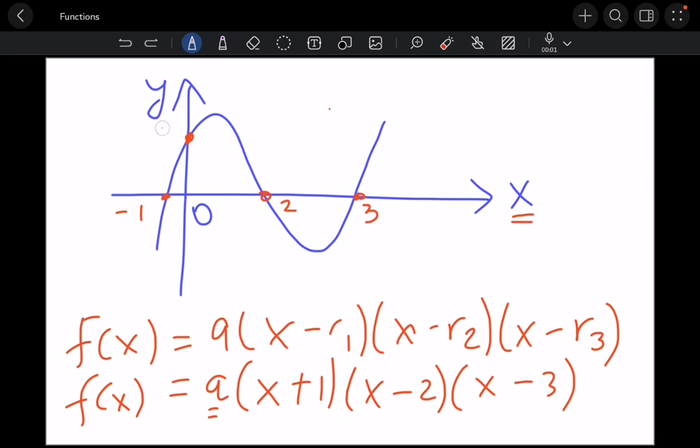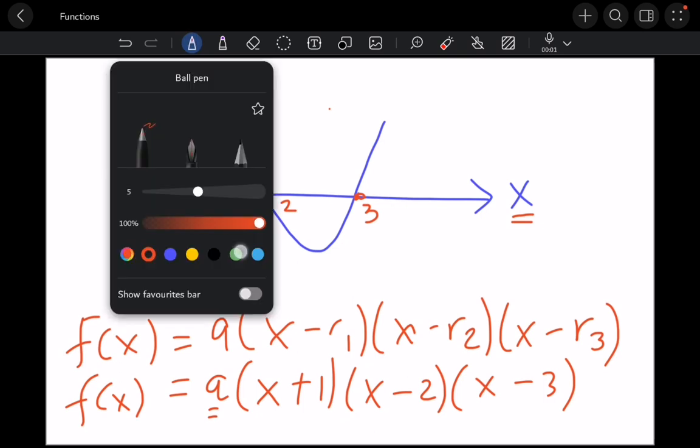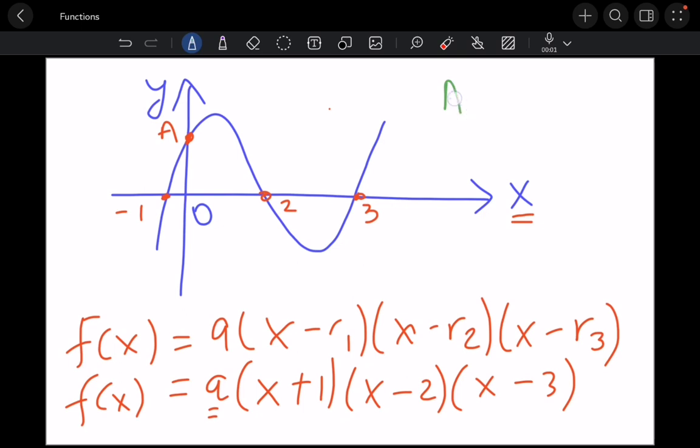Let me call it point A, whereby A has the coordinates 0 and 4. So at this point, you need to find the value of a, because you're not going to give out our function with a variable a in it.